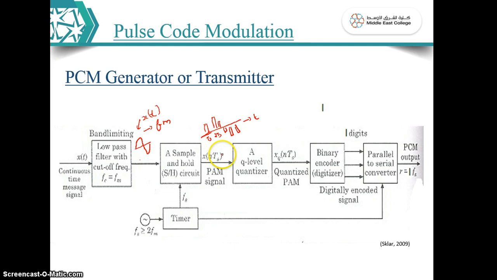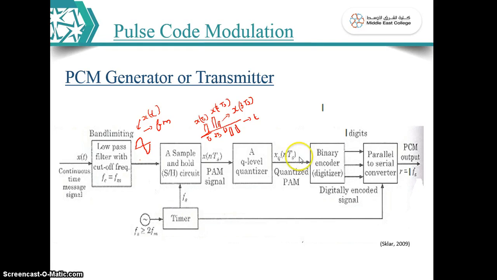At each sampling instant, this one is x(1Ts), this will be x(2Ts), this corresponds to x(3Ts), and so on, like x(nTs). Now we are speaking in terms of samples. So it is a PAM signal, and this is the output of the sample and hold circuit.